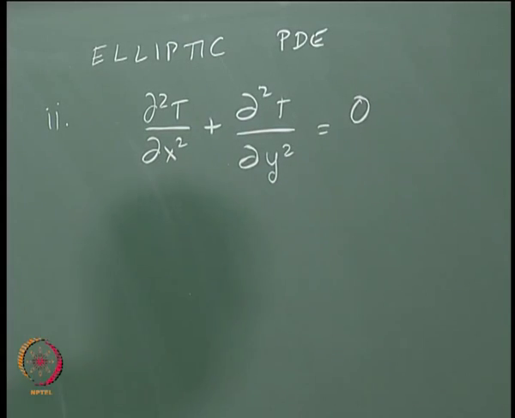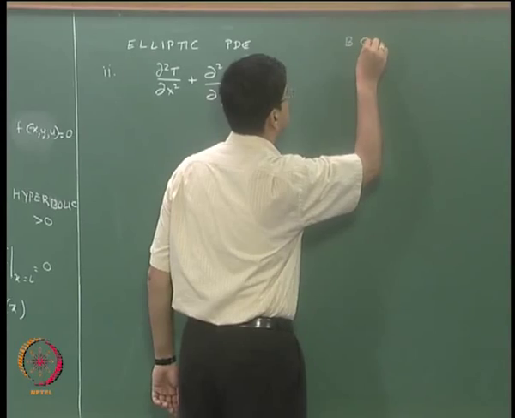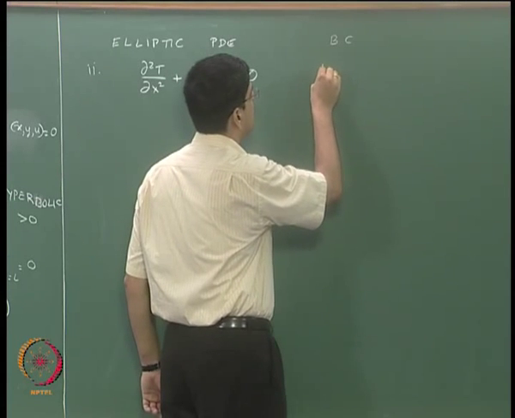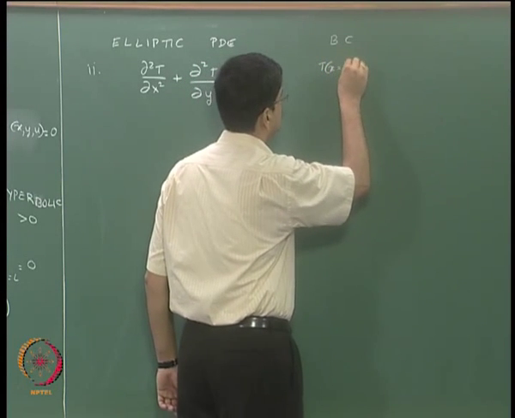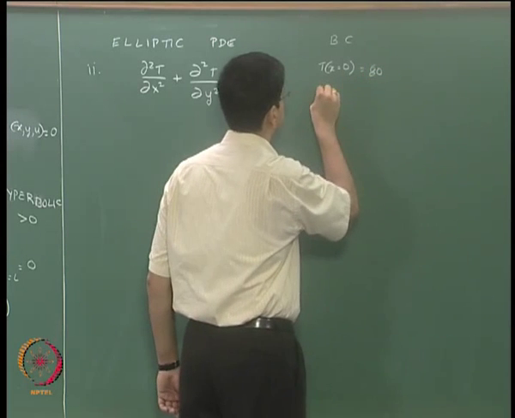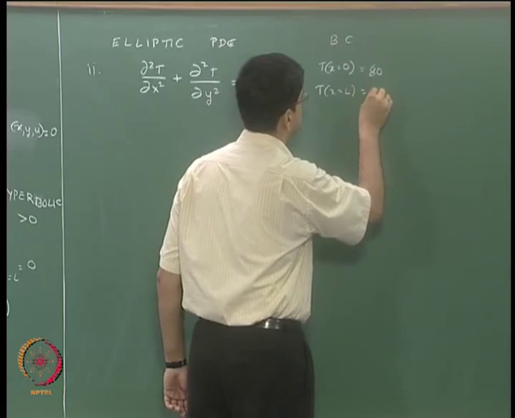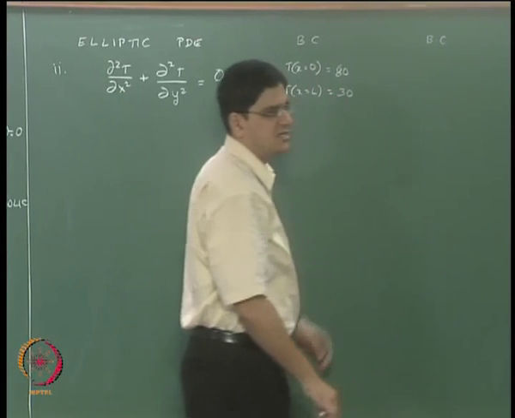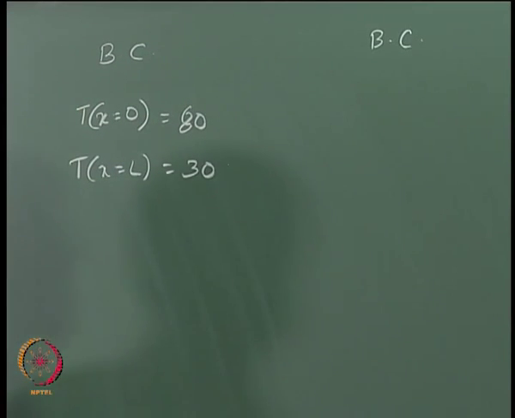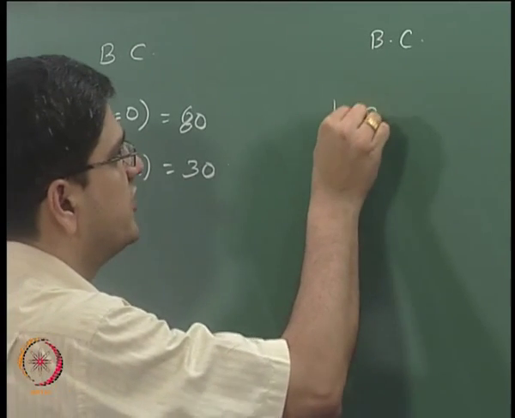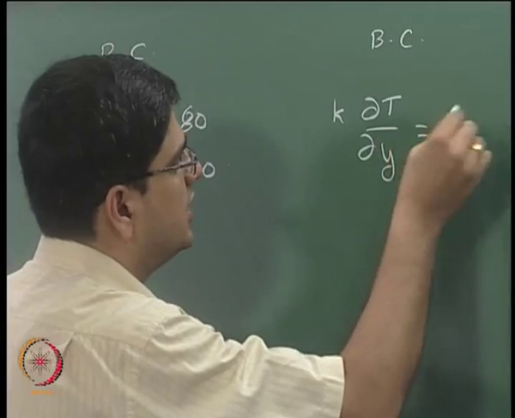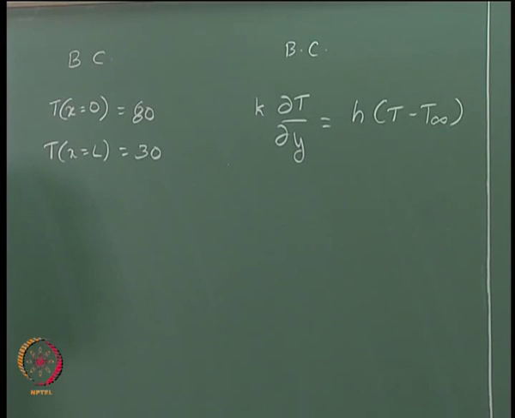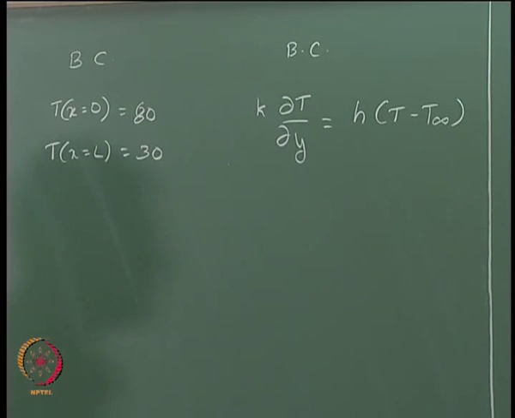That would be subject to boundary conditions in X as well as boundary conditions in Y. For example, one type of boundary conditions in X could be that temperature at X equal to 0 was specified to be say 80 degrees, temperature at X equal to L was specified to be 30 degrees, and the boundary conditions in Y were that there were heat losses taking place to the surroundings, which we got in terms of k dT/dy = h(T − T∞), and the sign would be positive or negative based on the direction of the heat transfer.